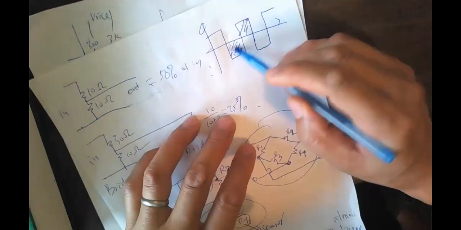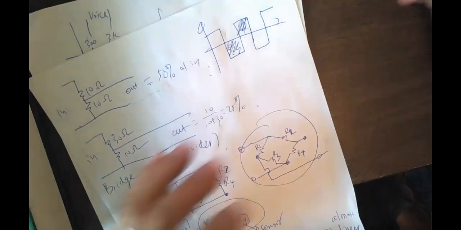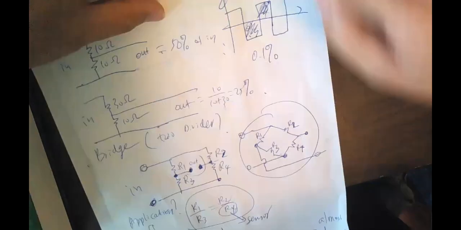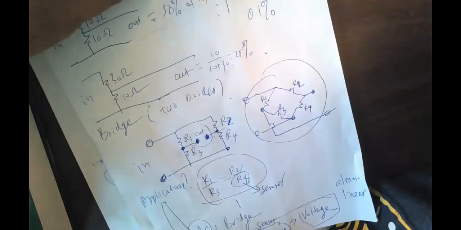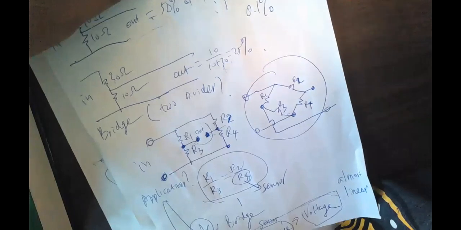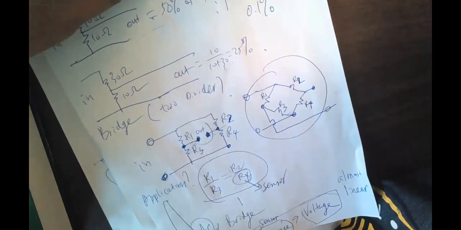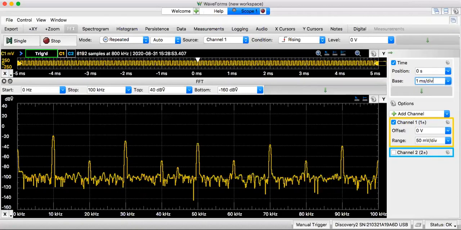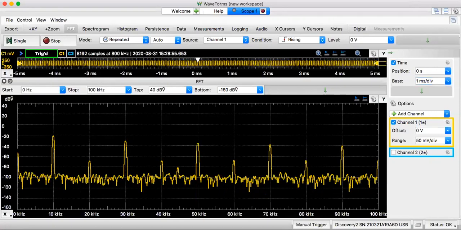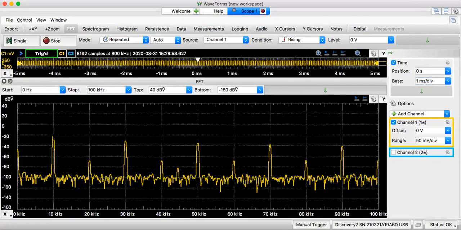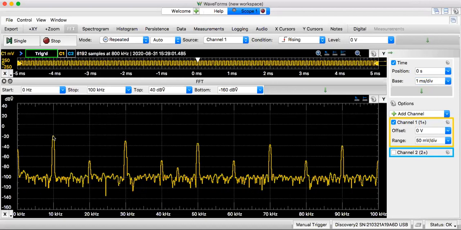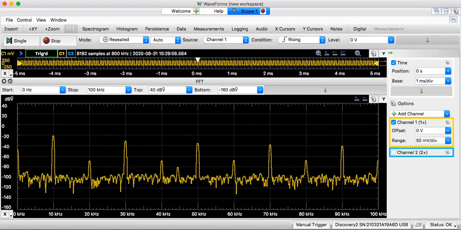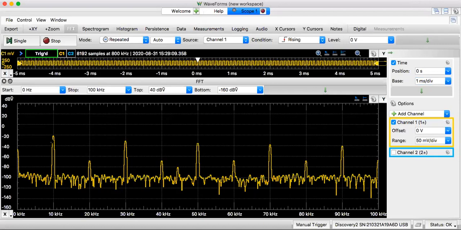They are not perfectly equal. There's a 0.1% difference. That 0.1% difference will show up here as this little guy right here, which is 30 dB behind the 10,000 hertz, the main power. This is 1,000th of the 10,000 hertz. It's a DC signal.